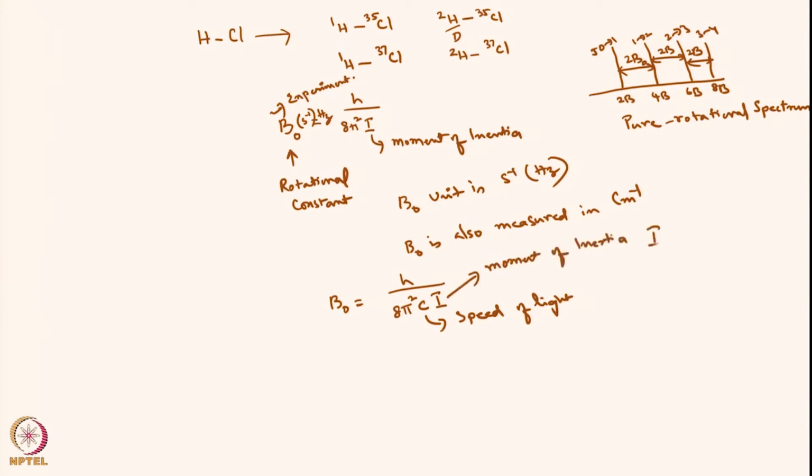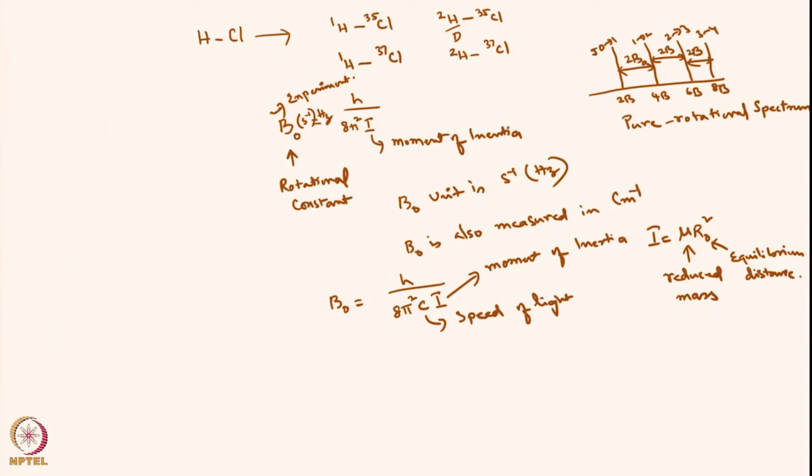I is given by mu r naught square, where mu is the reduced mass and r naught is the equilibrium distance. So this is the necessary background.